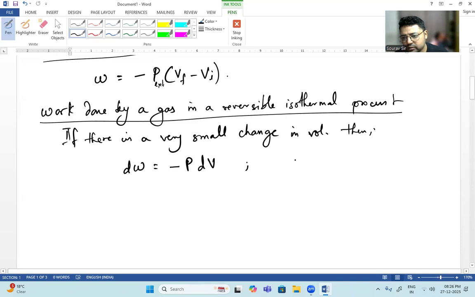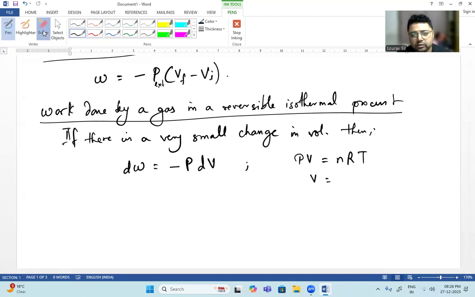We know that PV equals nRT, because we are talking about an ideal gas. This is the ideal gas equation. Now volume is already taken as dV, so we will write pressure equals nRT by V. We will replace the pressure with this one.